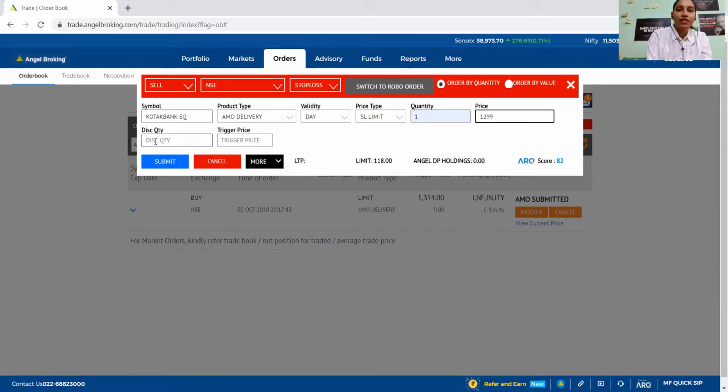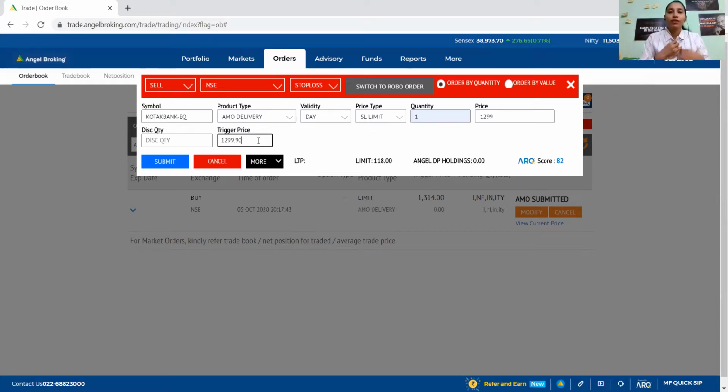Okay, and there's nothing like disclosed quantity, and trigger price is 1299.90, because it is a sell trade. Whenever you buy, your stop loss will be placed in the form of a sell trade, because you are placing the opposite trade of the buy to square it off if it comes to the loss point.